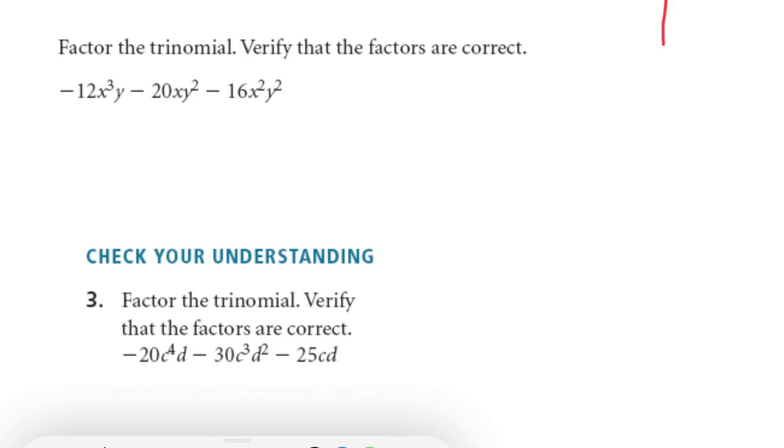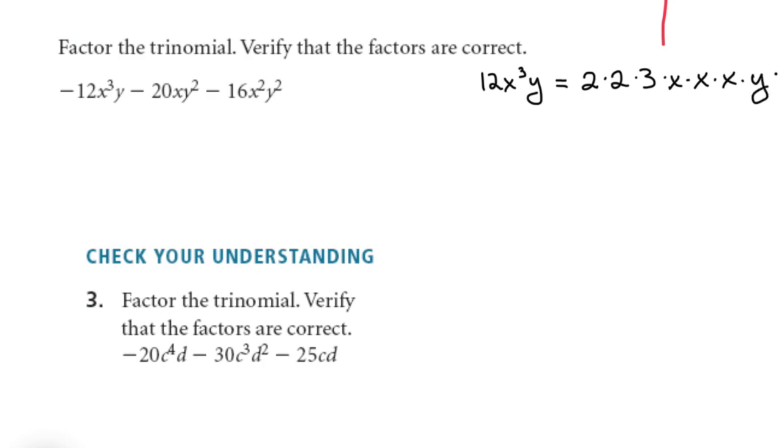So if I'm looking at the 12x cubed y, 12 is 2 times 2 times 3, because it's 4 times 3. And then x cubed is 3 x's and a y. Okay, and then 20 is 4 times 5 and 4 is 2 times 2.